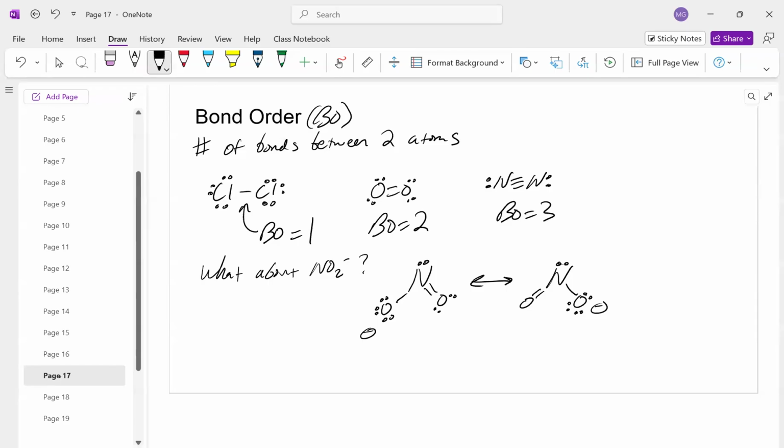But as I said earlier, the experimental evidence shows that they're the same length, they're the same strength. Bond order gives us a value to assign to that. So bond order can be found by taking the number of bonds and dividing by the number of resonance structures.